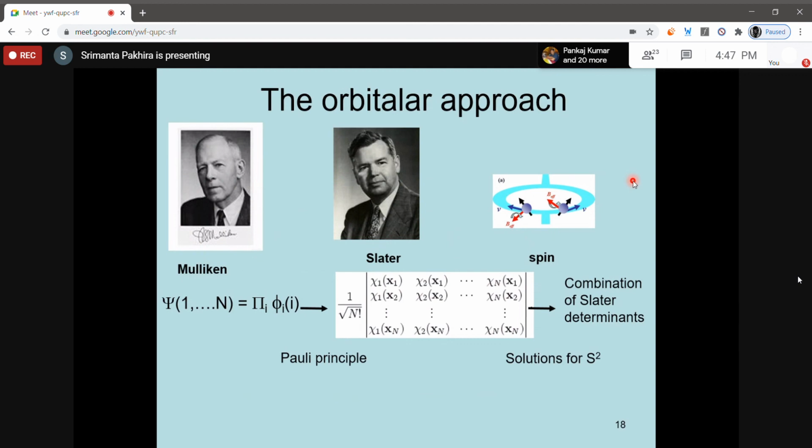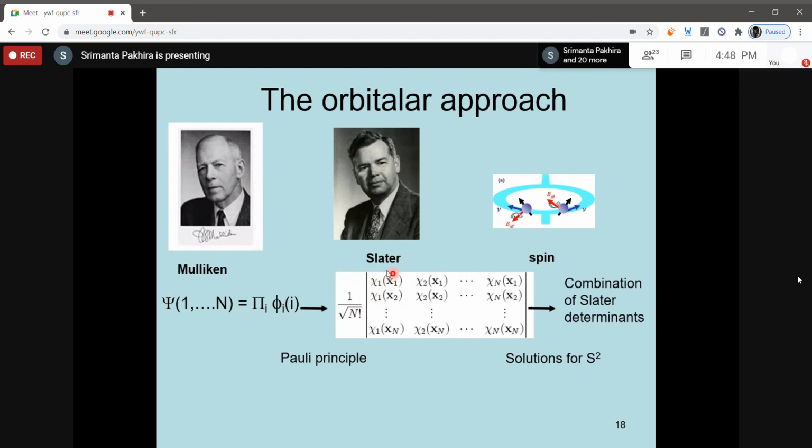Then, when we have n electrons, the total wave function should be written as a multiplication of each and every electron, and we have to write down the Slater determinant. Now you can see I'm writing the same thing, 1 over the square root of n factorial. Instead of phi 1 alpha 1, I am writing chi 1.